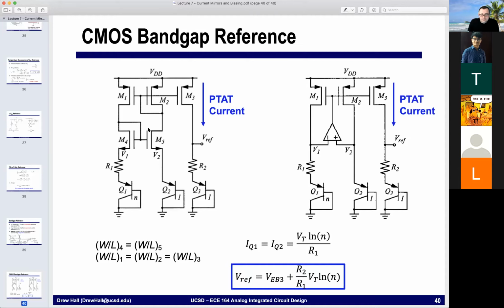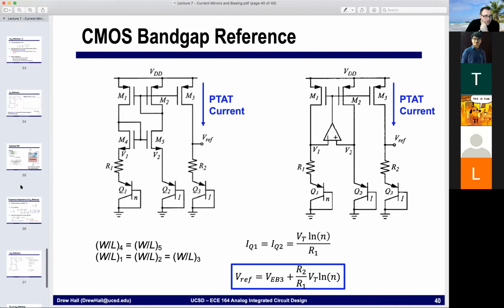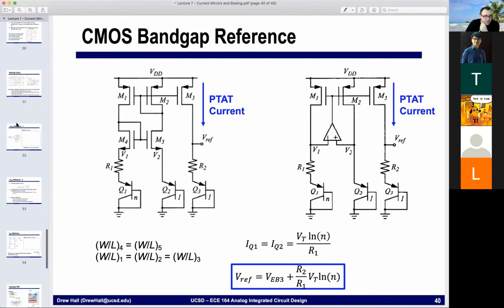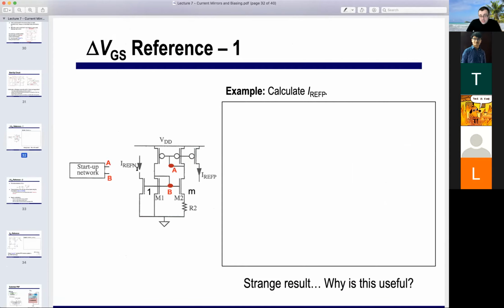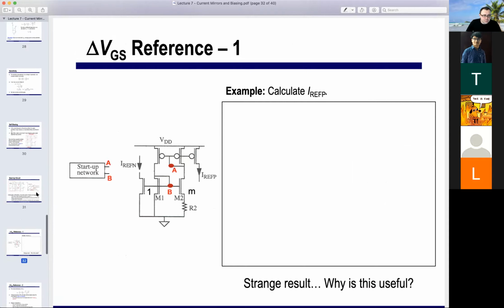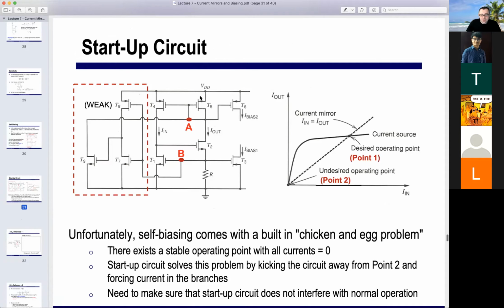Okay, thanks. All right, and so during the homework, you're going to design this circuit. You're going to design a constant GM, which is a reasonably smaller circuit. However, we kind of talked about some of the benefits. In addition to that, you're also asked to design a startup circuit.